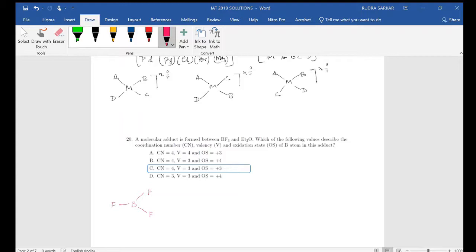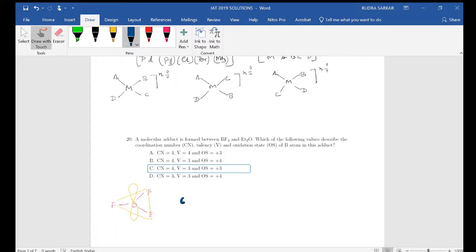Okay, so this is the trigonal plane out here, and mind you, this is the vacant p orbital in the B. Okay, it is a hypovalent molecule, okay, which does not obey the octet rule.